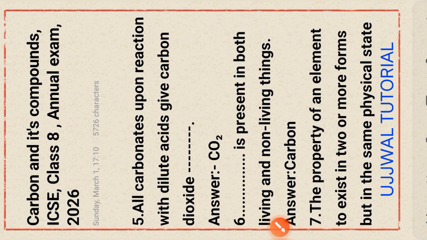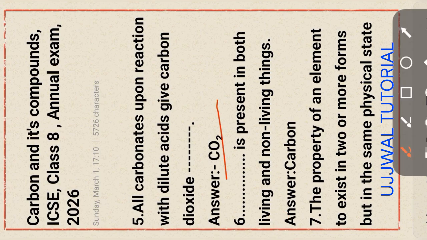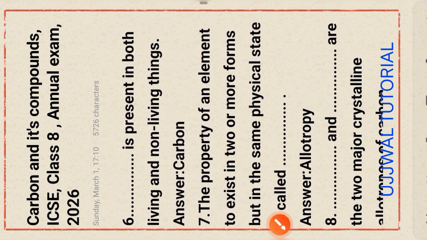Next, question number 5. All carbonates upon reaction with dilute acid give carbon dioxide, that is CO2. Next, the dash is present in both living and non-living things, that is the element carbon. Next, question number 7.